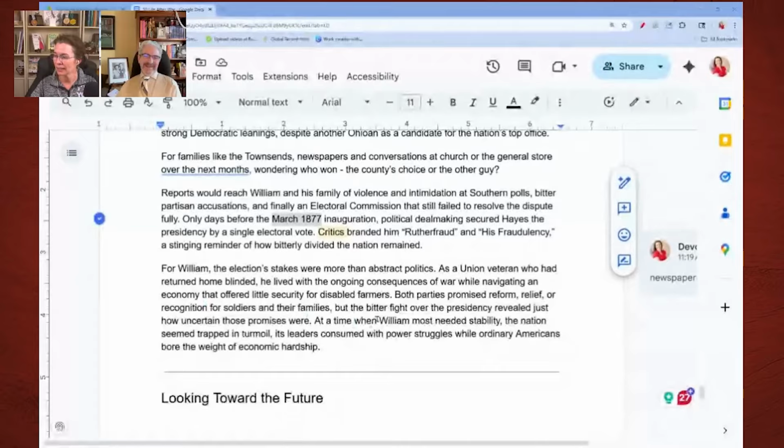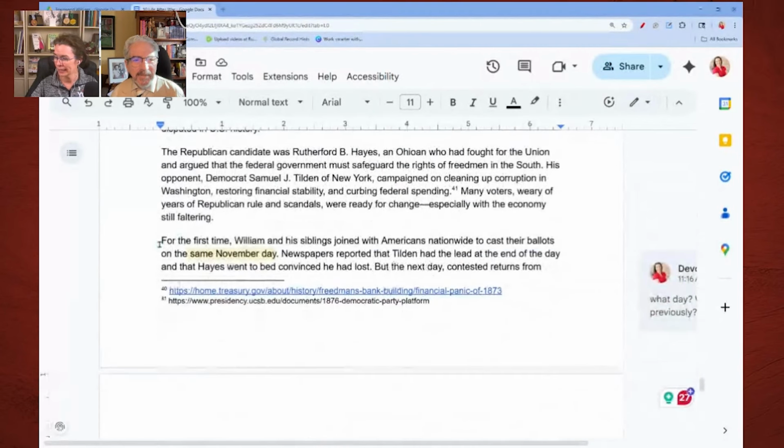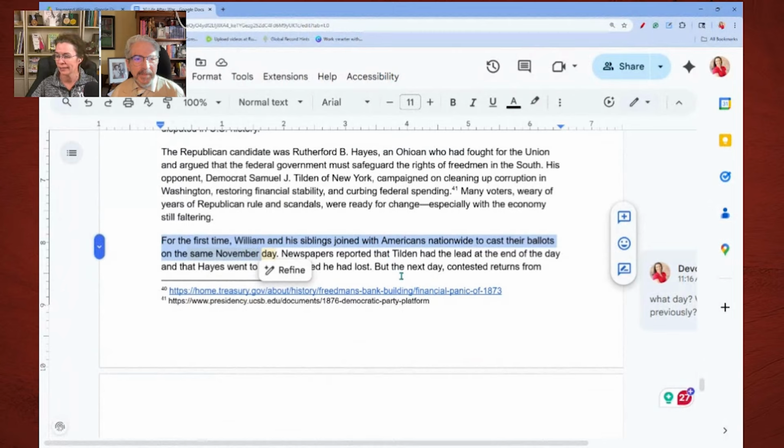But I wanted to point out, notice I'm not saying that for the first time he and his siblings joined with Americans nationwide to cast their ballots on the same day in November. I am saying that he and his siblings joined with others. I don't actually have proof that he voted, but he was a veteran. He likely voted, right? It's a logical assumption.